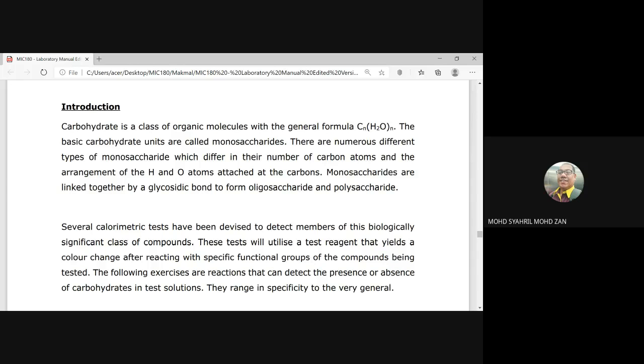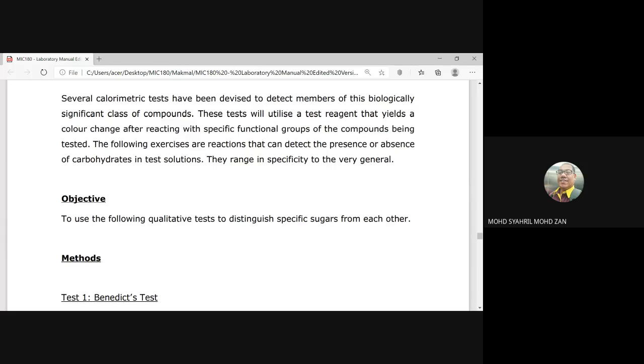The following exercises are reactions that can detect the presence or absence of carbohydrate in the test solutions, arranged by specificity to the very general.